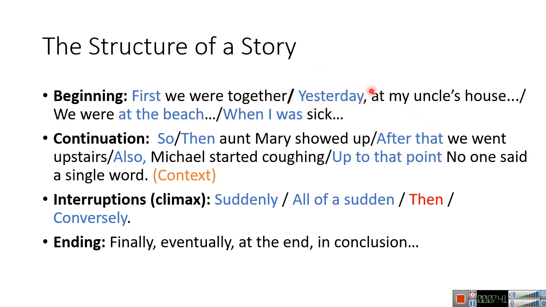We can say this month, yesterday, on Monday, this week, the past week. So this is called a time marker, because we can add anything about time that is gonna also let us know that we're talking about the beginning of a story.